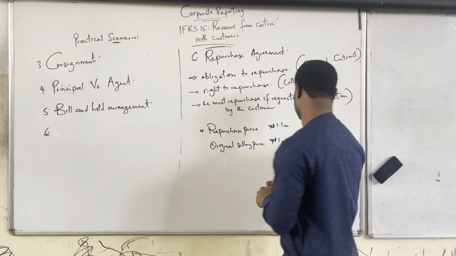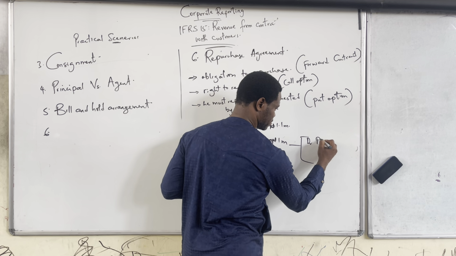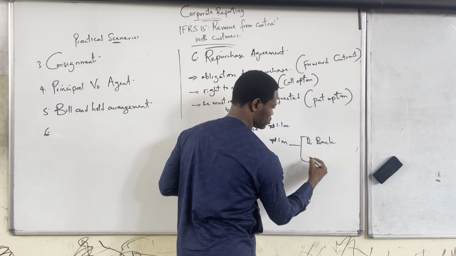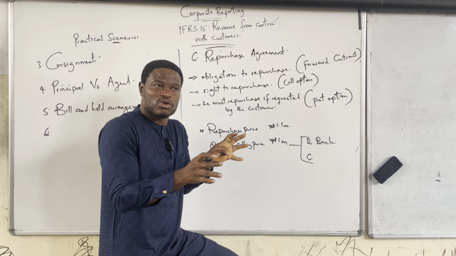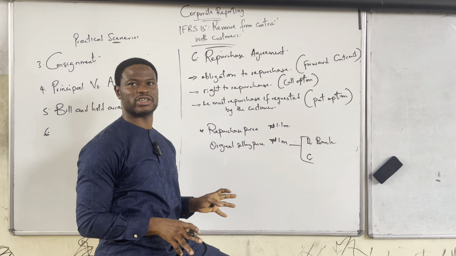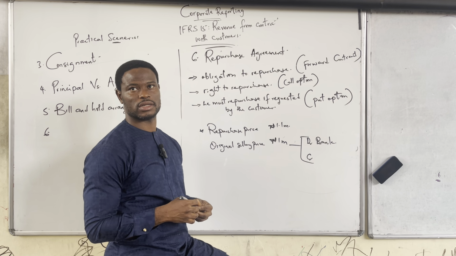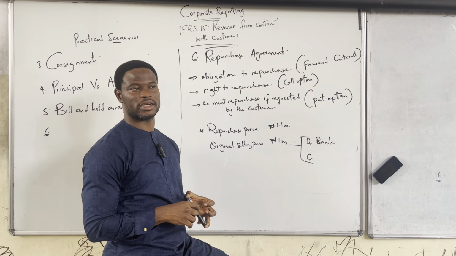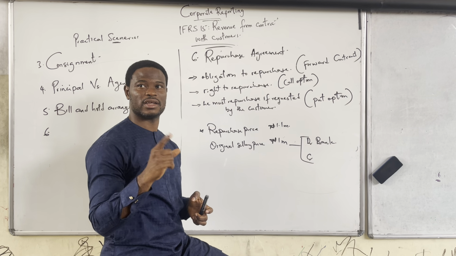So that money you collected, that you're going to debit bank, what would you credit? That means that goods is still in your books. You cannot credit revenue. What would you credit?